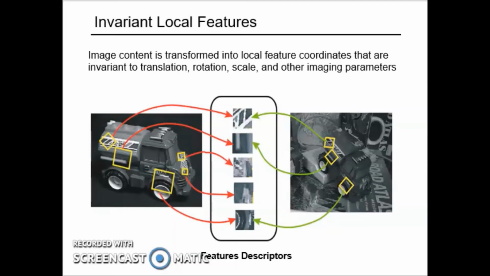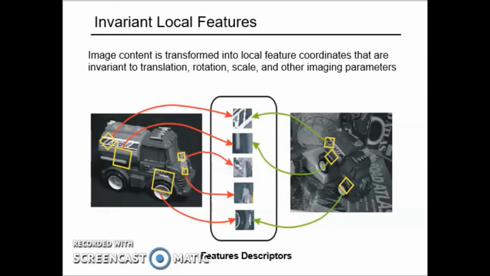It can be rotated. It can be scaled using different parameters, and there is always the problem of perspective viewing. And due to this perspective viewing, we always want to obtain the local features for a particular image region which are invariant to any kind of transformations that are taking place in the images.